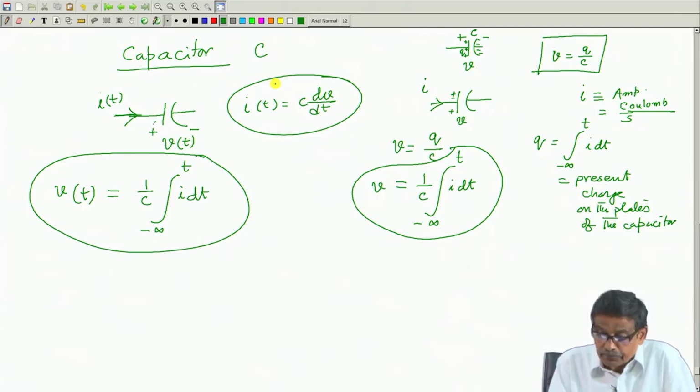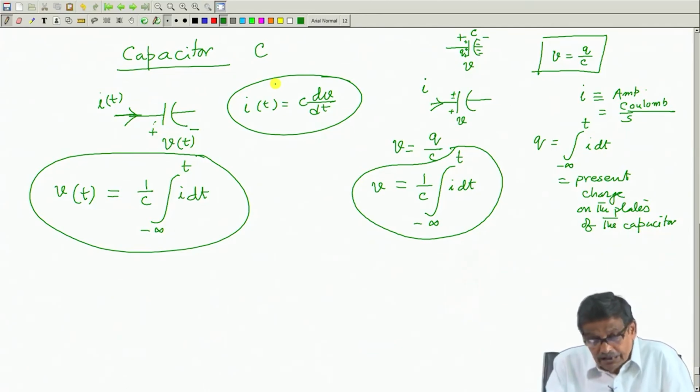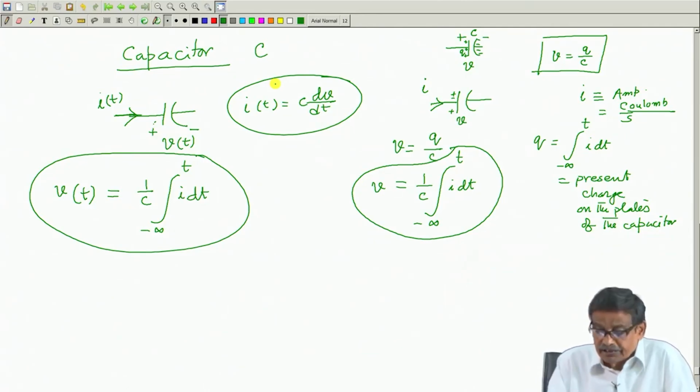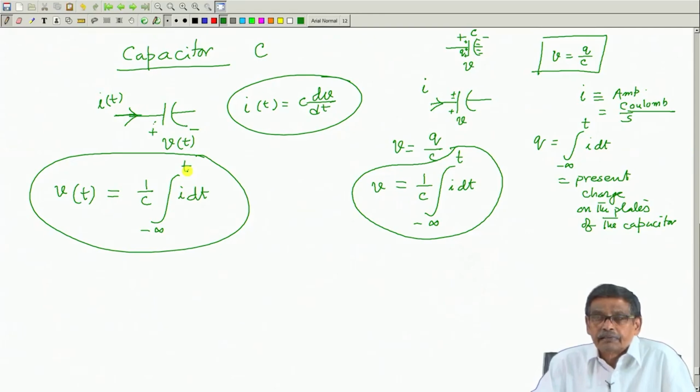It also depends upon the previous history of currents that you have fed in from minus infinity, including the present value of the current, because this integration requires the I values to be known from minus infinity up to the current time t, unlike a resistance, V is equal to R I.